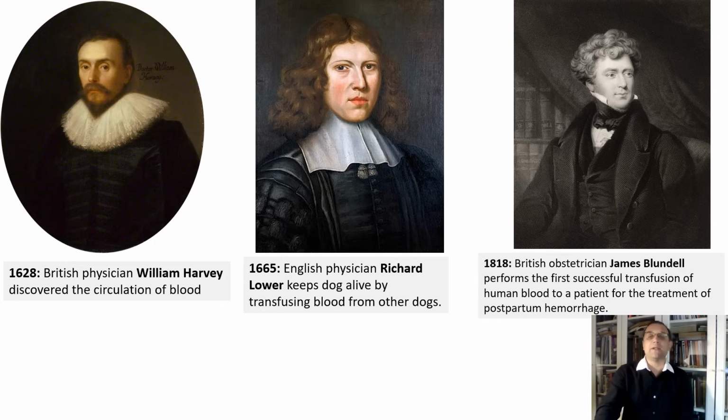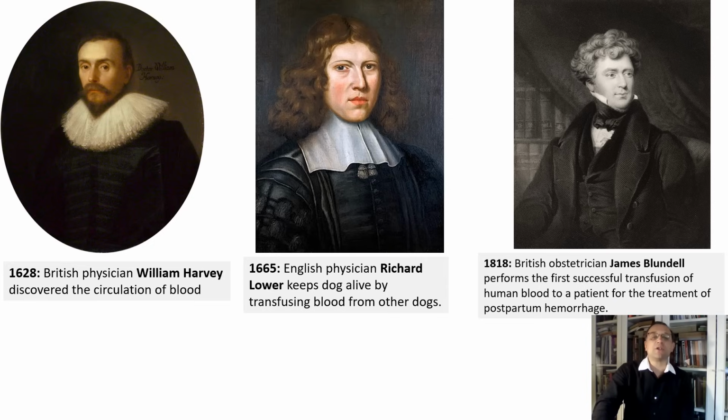It is in all probability because of the direct stimulation of Harvey's lectures that the first coordinated and scientific studies of infusion and transfusion were made in England. The first known blood transfusion was attempted soon afterwards. In 1665, the first recorded successful blood transfusion occurs in England. Physician Richard Lower keeps dogs alive by transfusing blood from other dogs.